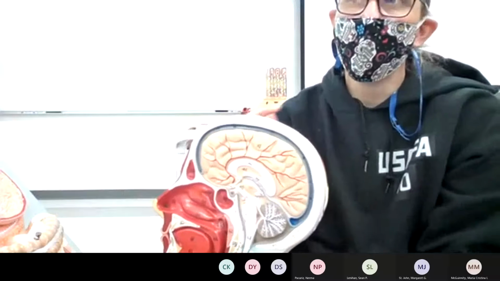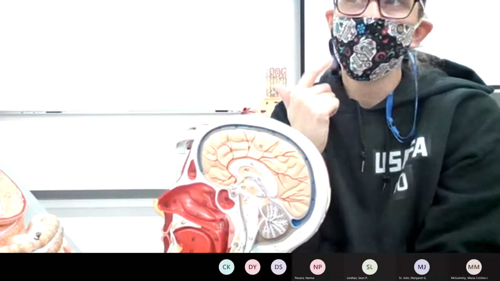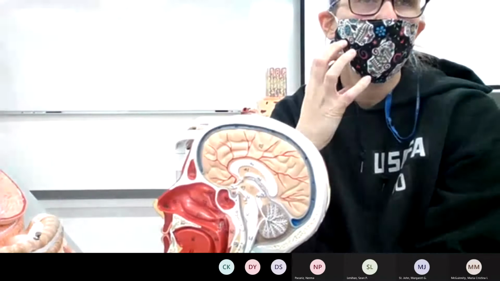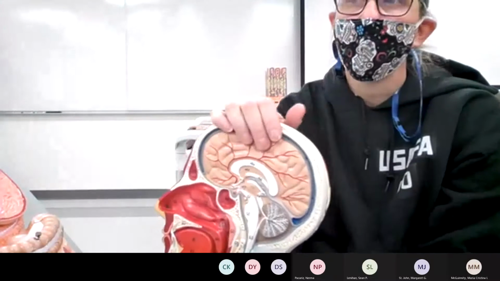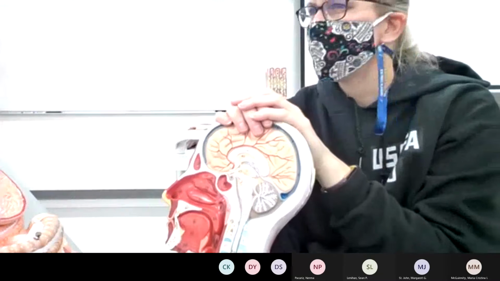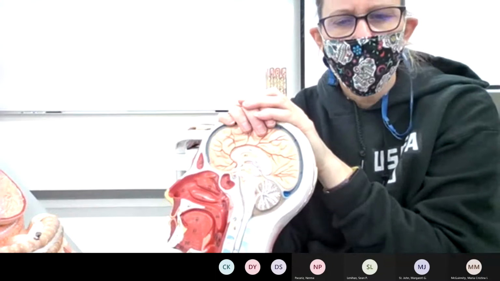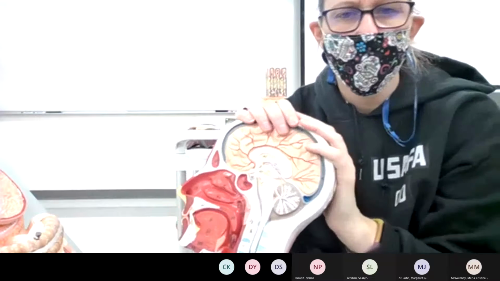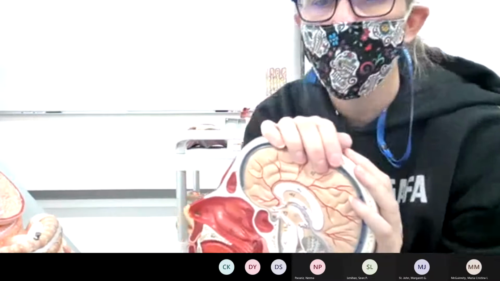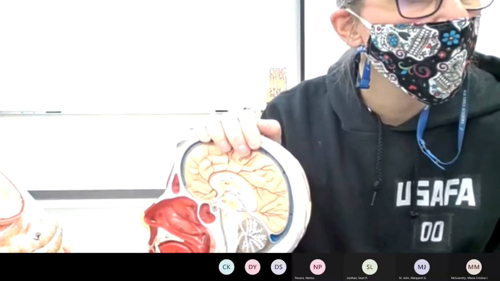The trigeminal nerve is a big one for your jaw and your teeth and your sensation of your lips and your face. But again, some of the taste is on the glossopharyngeal, if I remember, and your hypoglossal cranial nerves. That was why I made you learn them all last semester, although none of you took me last semester, or you took me a long time ago, so hopefully you remember all your cranial nerves.